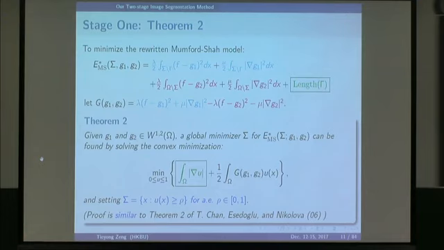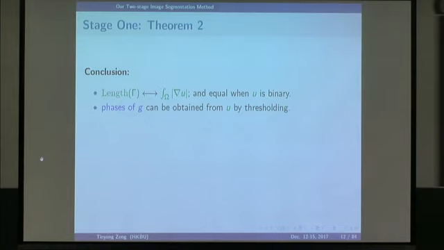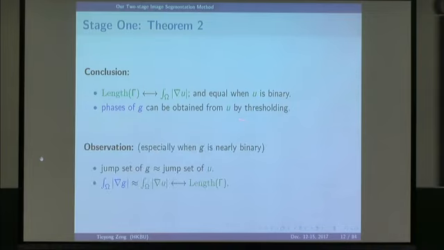Anyway, the basic idea is that we want to understand the length of this gamma, which is related to the u. In certain cases, after you get a u, the phases of g can be obtained from thresholding.